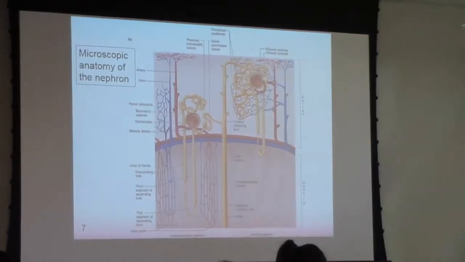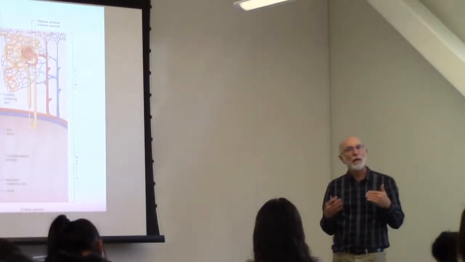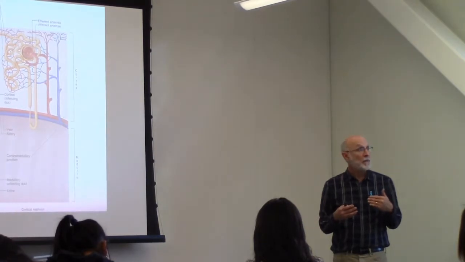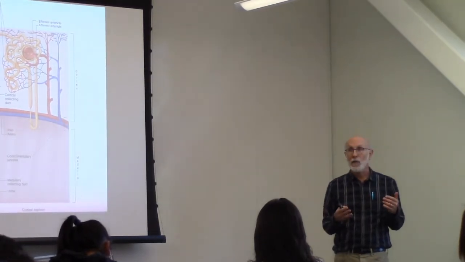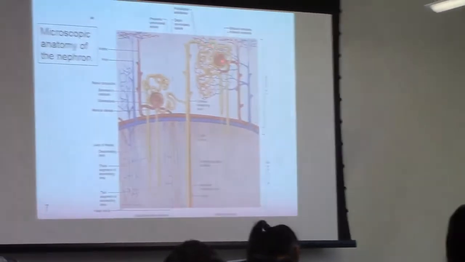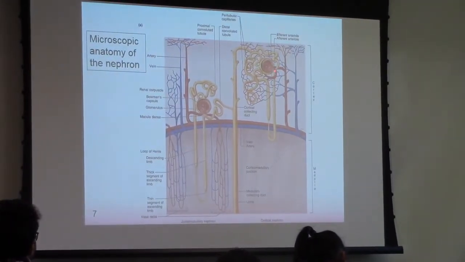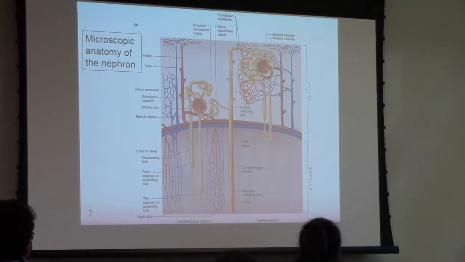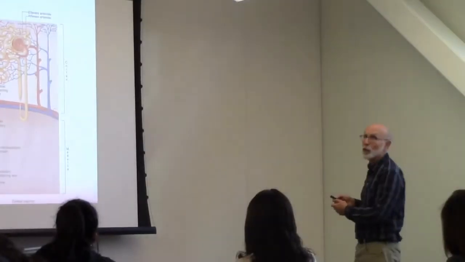So this is an interesting capillary bed. It is a capillary bed, but what comes out is not a vein. What comes out is another arteriole. Then the blood comes out of the efferent arteriole and enters another network of capillaries called the peritubular capillaries.